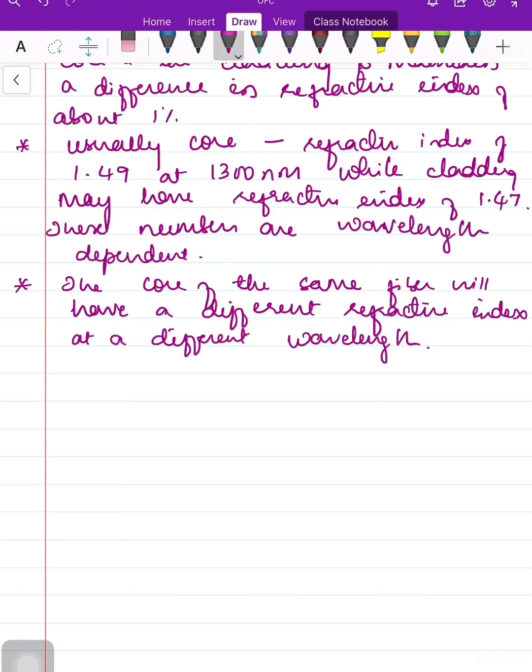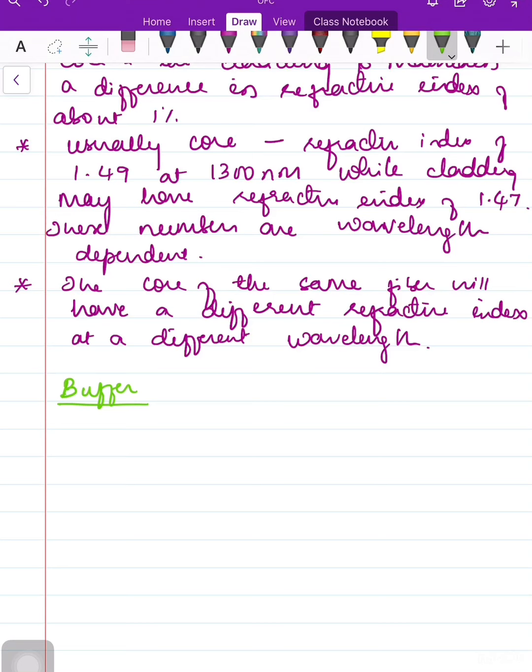So this was all about cladding. I think we are now about to move to the buffer. Okay, so next one is buffer. So buffer, or you can also call it a coating. Okay, so what is that? The buffer's main function is to protect the fiber from damage.